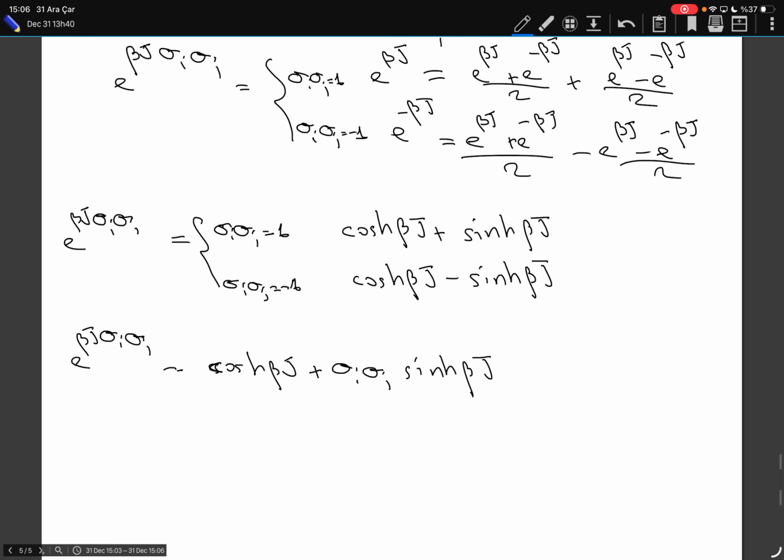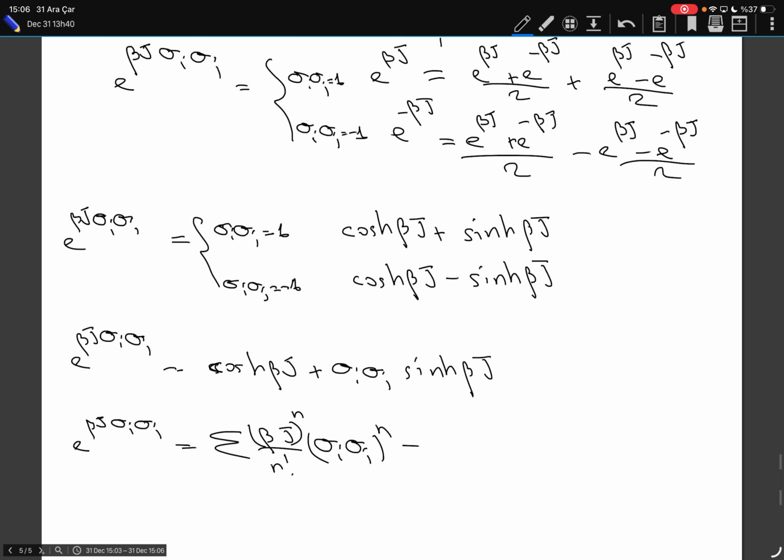Well, you could see that there had to be such an expansion also by looking at the expansion of e to the power beta j sigma i sigma j, which is the sum over n of beta j to the power n divided by n factorial times sigma i sigma j to the power n. Remember, sigma i squared and sigma j squared are just 1.